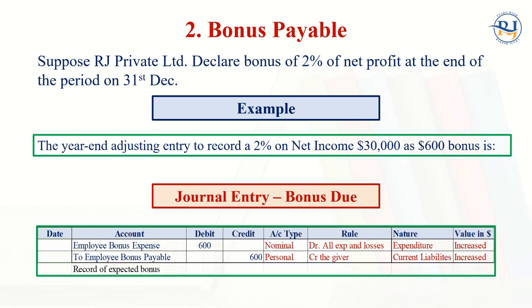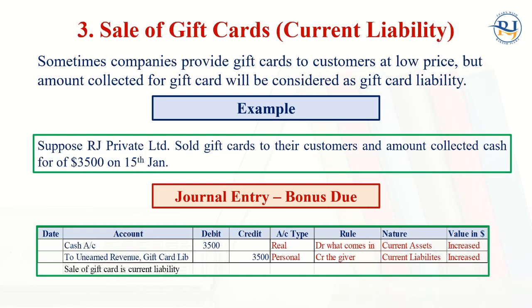Employee bonus expenses $600 debit to employee bonus payable. So that will become the liability of the company. And the expenses of this year should be recorded this year. That's why the bonus which is earned by the employee is recorded here, $600 as employee bonus expenses, which will definitely come on the debit side of the profit and loss account as expenditure.